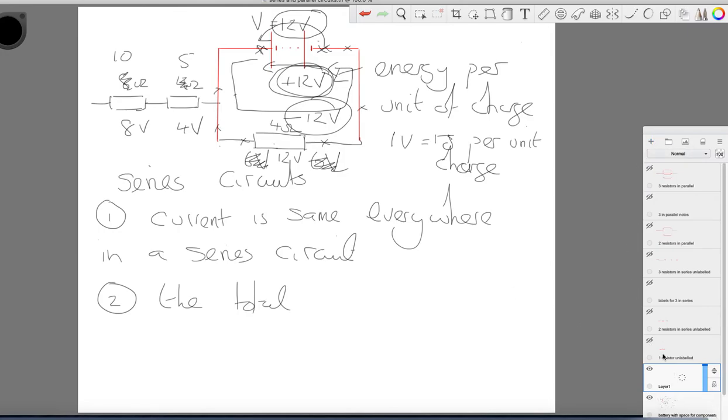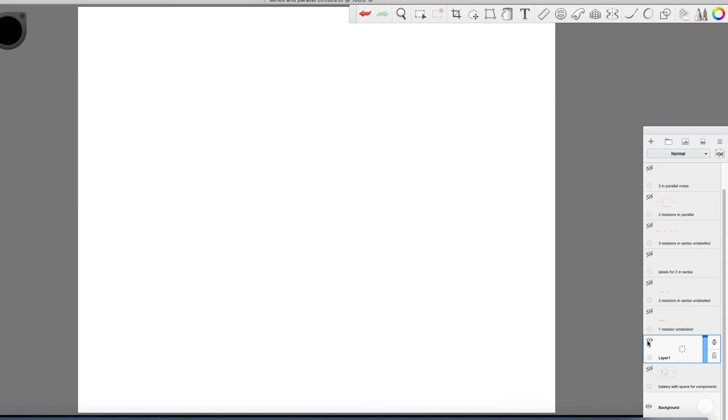So let's turn off what I've got. And if we then have, let's say, 2 resistors in parallel, and we have our 12 volts across them as we had before.